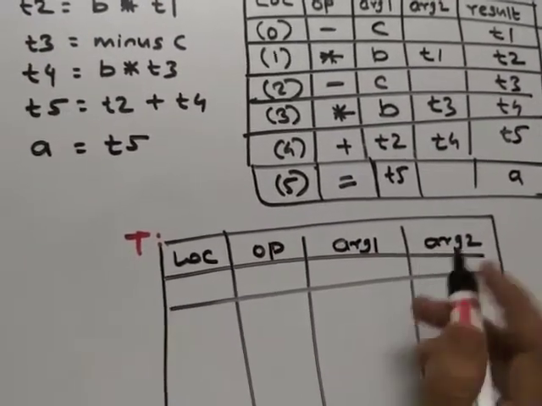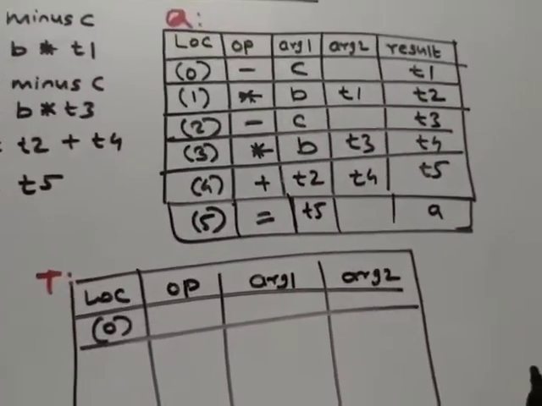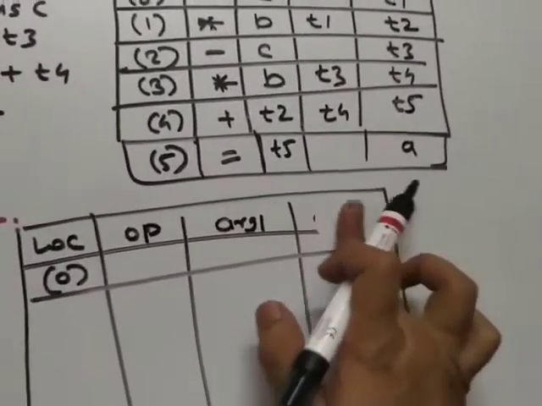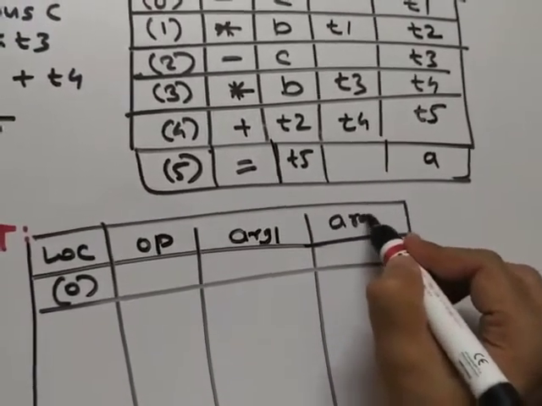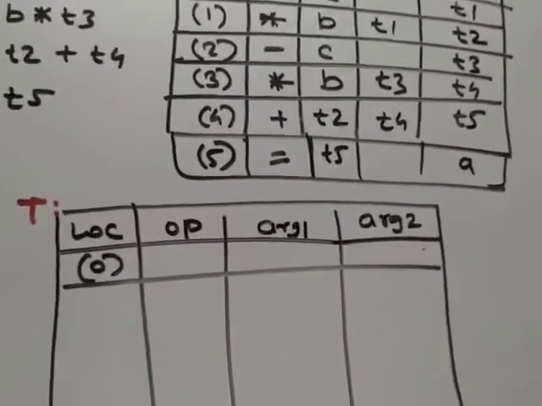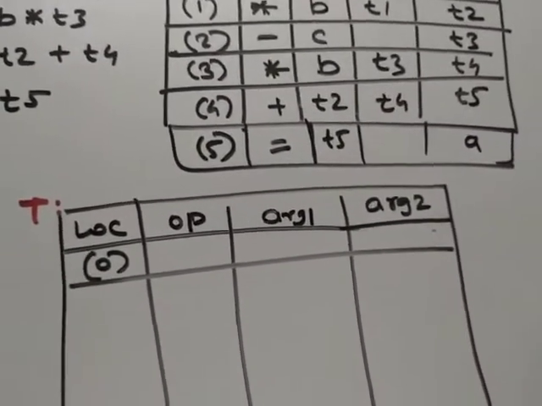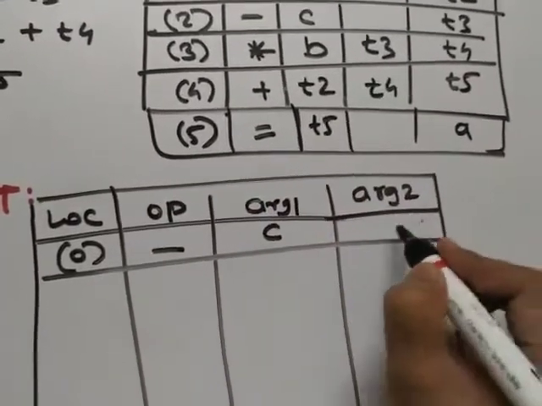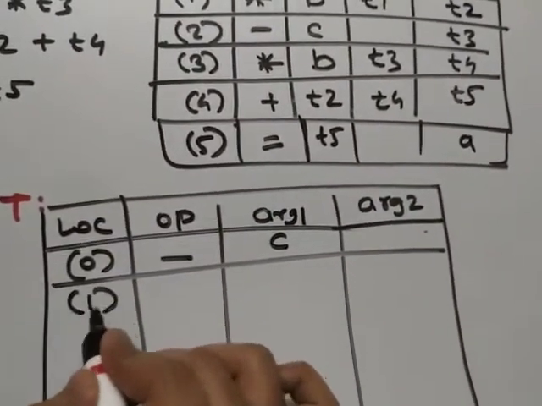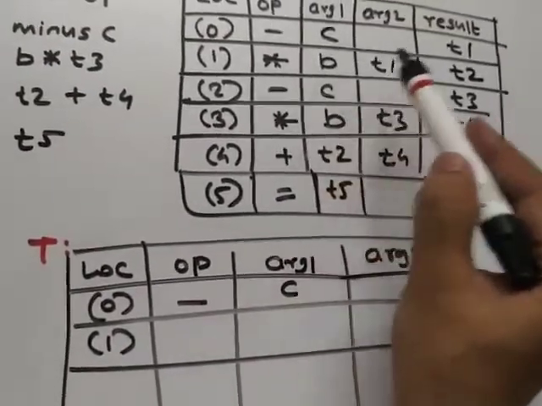So the first location we will see, let's say 0. Now the result column is not there. Instead of a result column we will make use of the previous result, or previous location result. So at location 0 we have operator minus and argument C, and no argument 2. Then at location 1 we have star, B and T1.